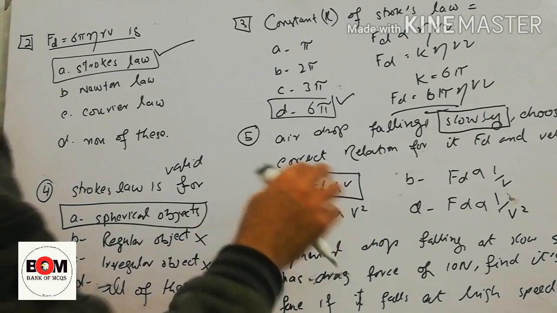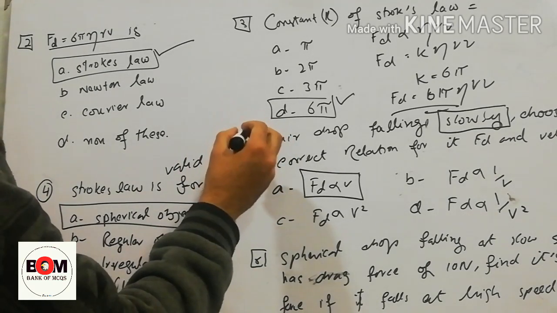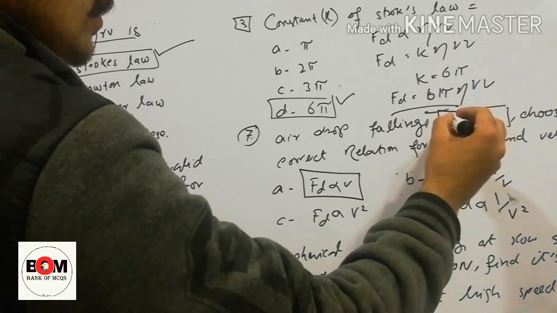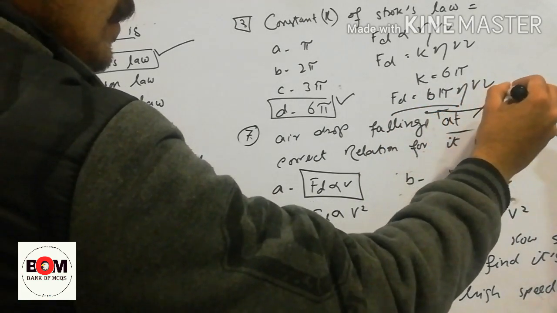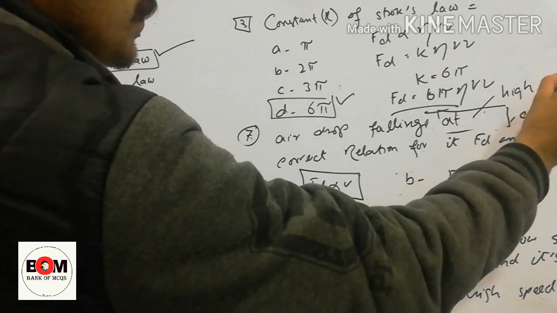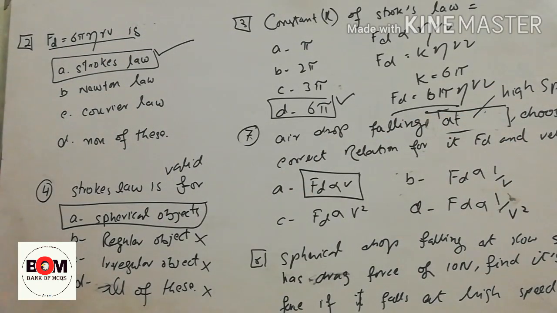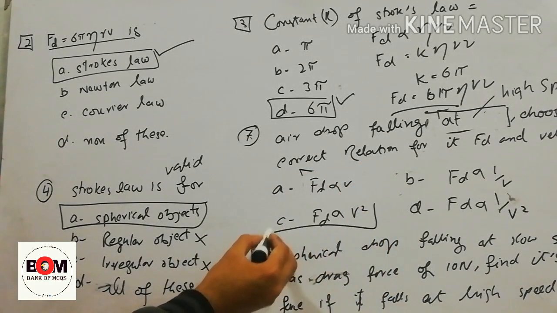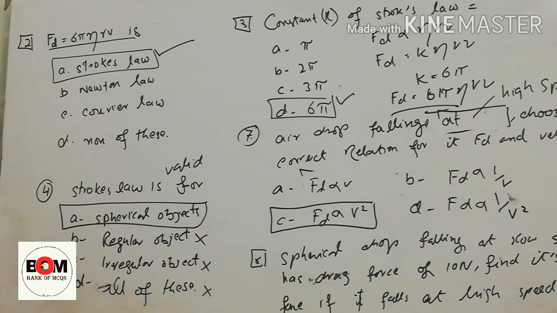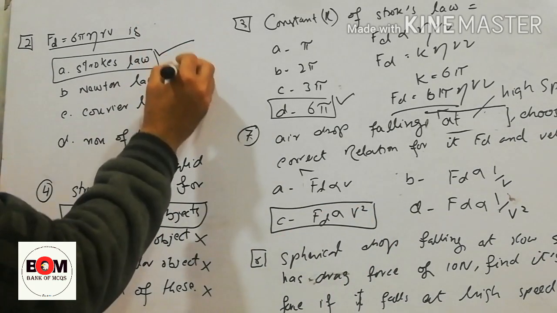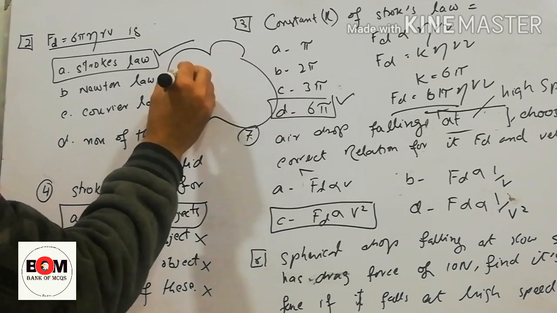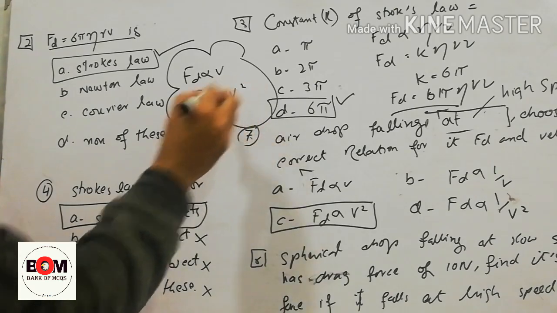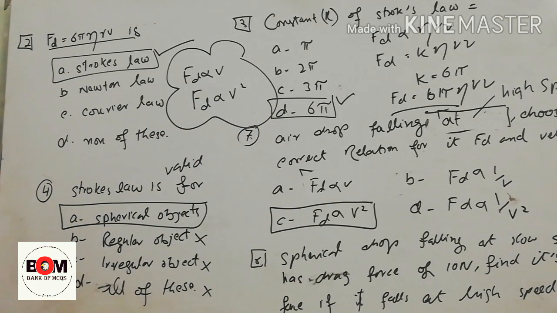But if they say the raindrop is falling at high speed, then the correct answer will be option C, Fd directly proportional to v squared. So you must remember that Fd is directly proportional to velocity at slow speed, and Fd is directly proportional to velocity squared at high speed.